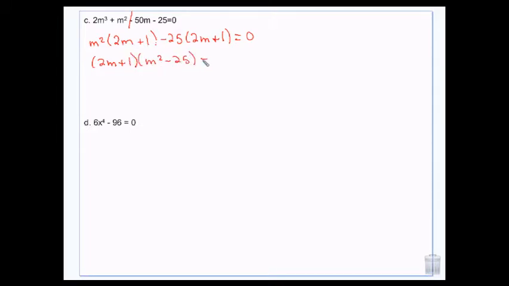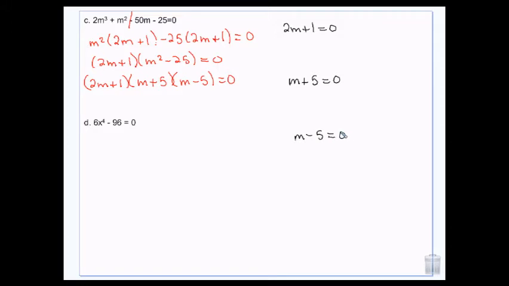And this is a difference of squares again. Perfect square, perfect square. So I get m plus 5, m minus 5 equals 0. So I have to set all 3 of those equal to 0. So 2m plus 1 equals 0, m plus 5 equals 0, and m minus 5 equals 0. Right? 3, 3.